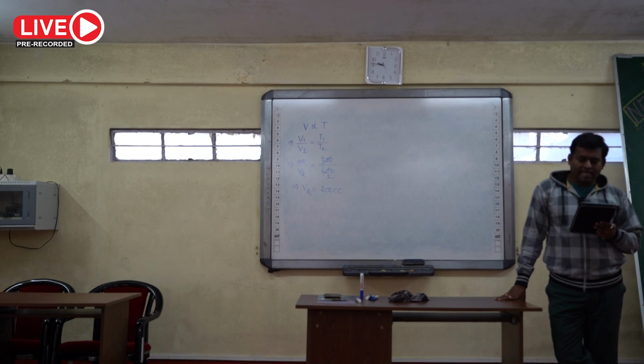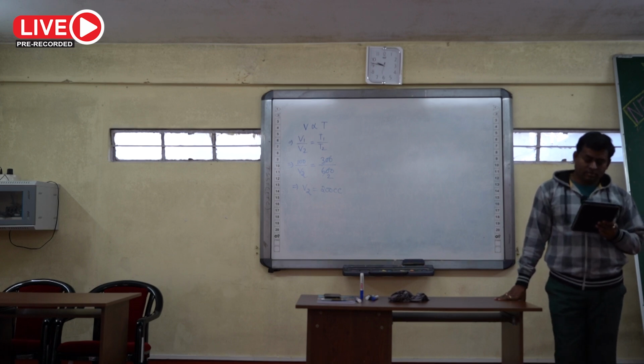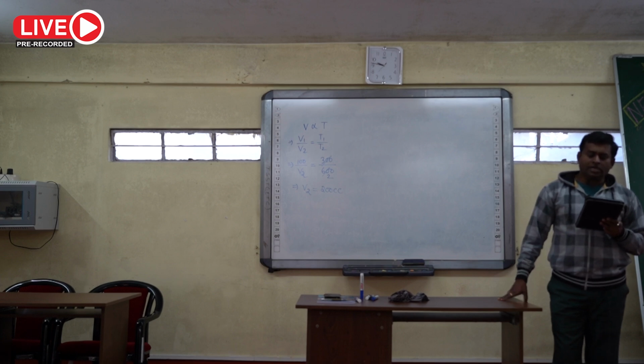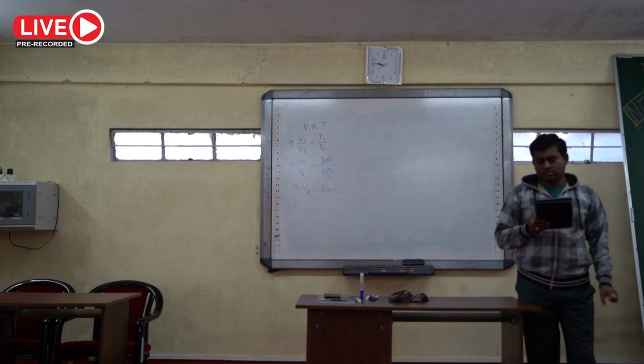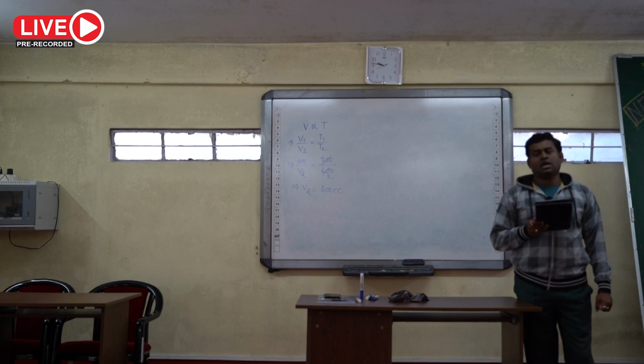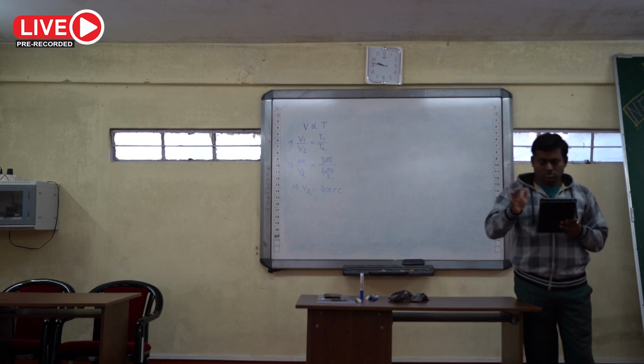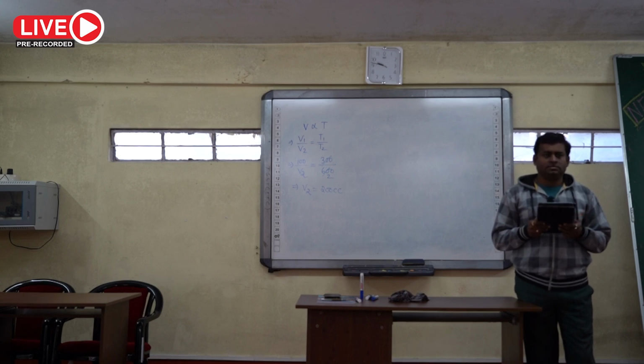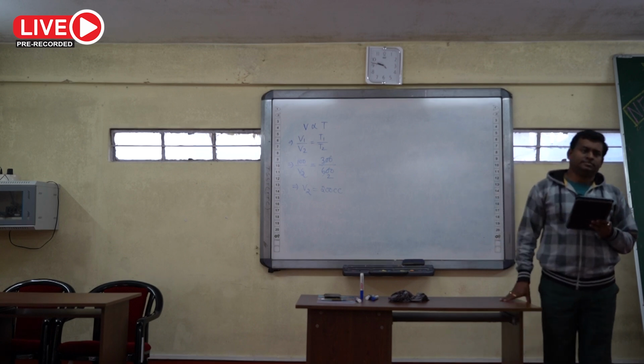Two molecules of a gas have speeds of 9 into 10 to the power 6 meter per second and 1 into 10 to the power 6 meter per second respectively.